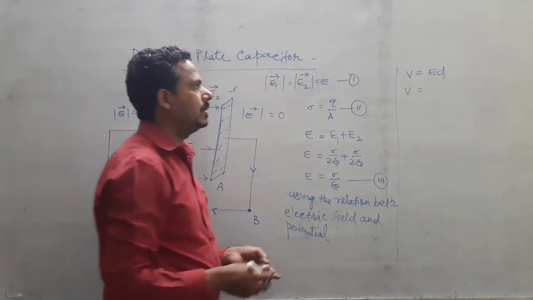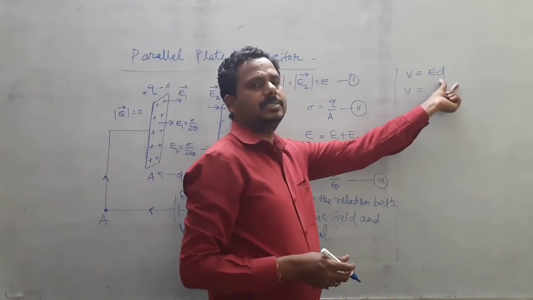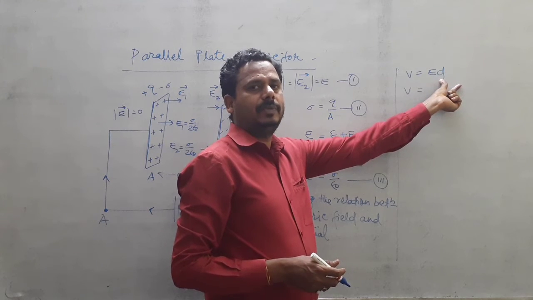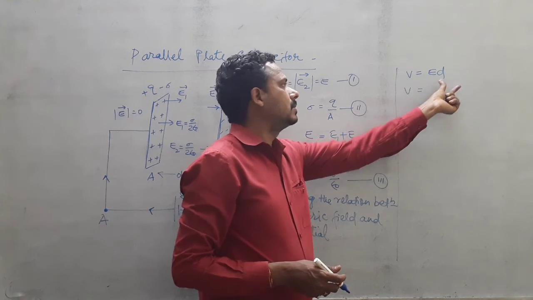This one is your potential, E is the electric field, D is the separation between the plates of the capacitor.